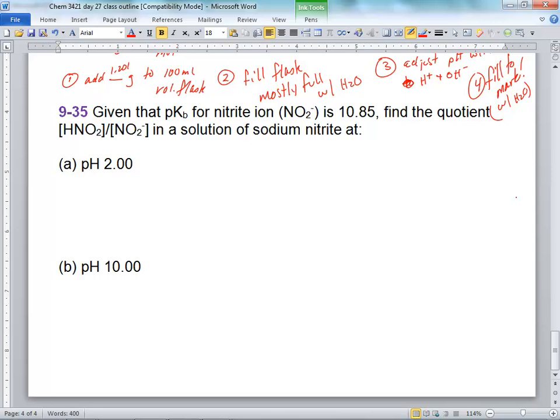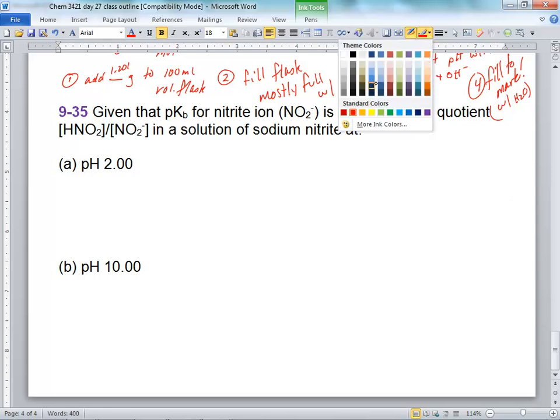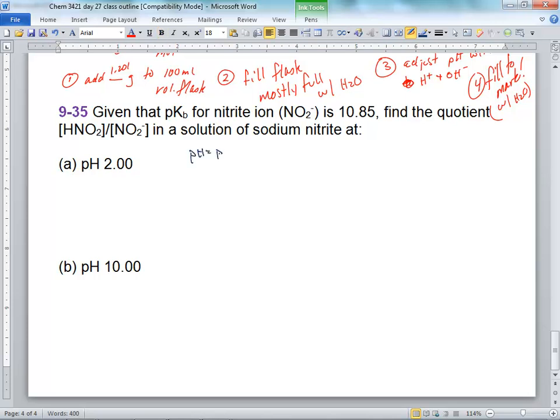But this is what we're going to solve for. You have to solve for that ratio. Flip it when you're done.